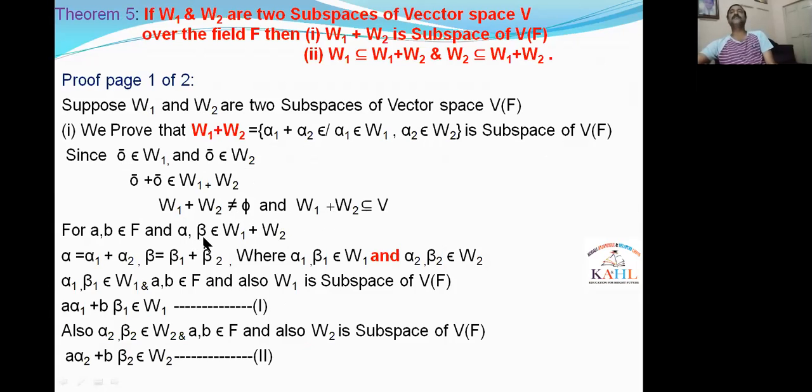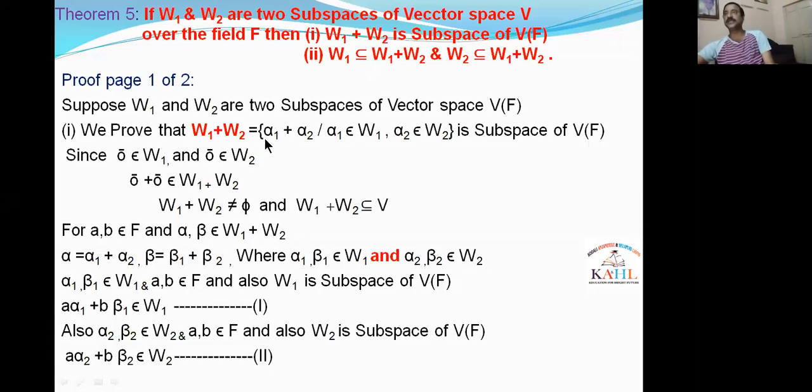Now I am taking alpha, beta belongs to W1 plus W2 and a, b are scalars in F. Alpha, beta belongs to W1 plus W2. What are the elements of the W1 plus W2 set?